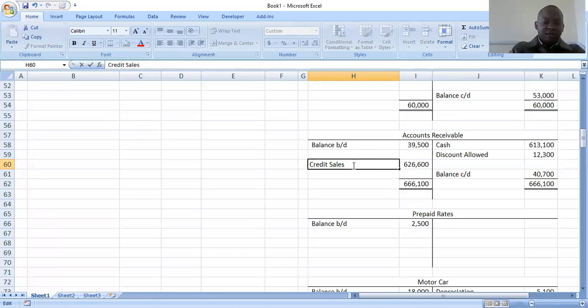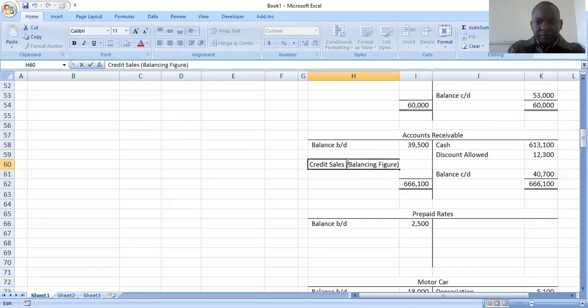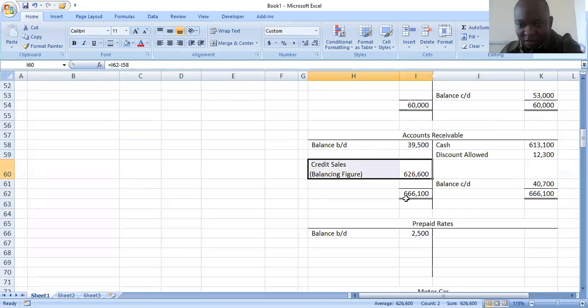Let me indicate this is the balancing figure for the sake of your revision, so that you don't wonder where this amount came from. The credit sales is the balancing figure, and it came from balancing of this accounts receivable account.